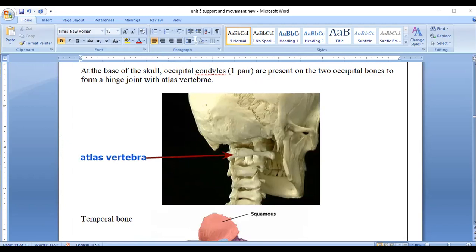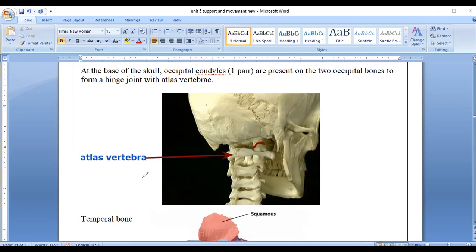In the atlas vertebra, on the inferior surface, there will be two articulation facets. Actually, after getting the printout, you can draw this border. It will be like this.